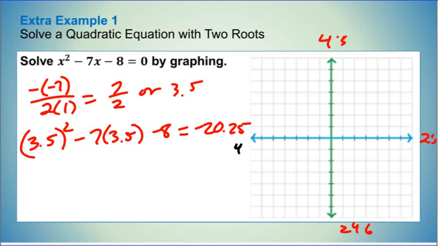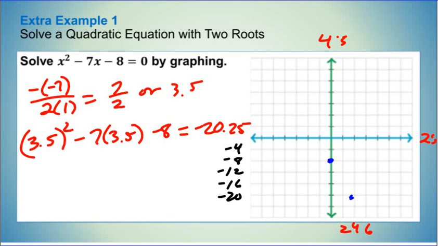So this is 4, 8, 12, 16, 20. So I would have a point roughly here is my vertex. Now my y-intercept is at -8, which would be here.